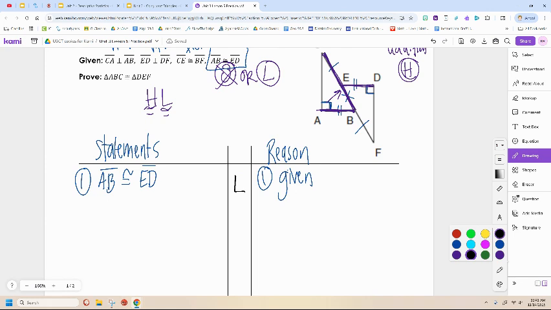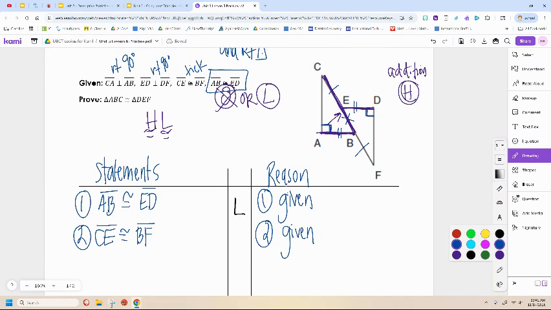Okay. Let's go with the other congruency statement. So the next given is CE is congruent to BF. But CE is not the whole hypotenuse.